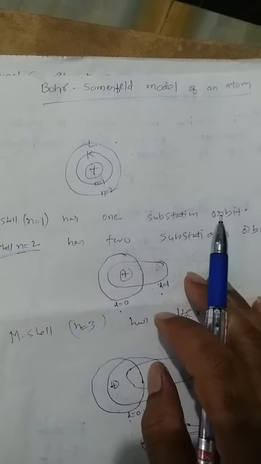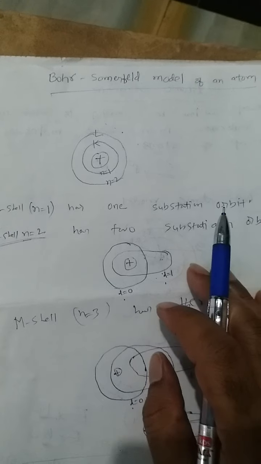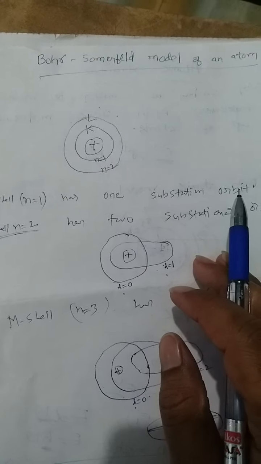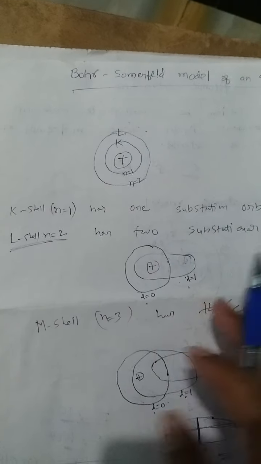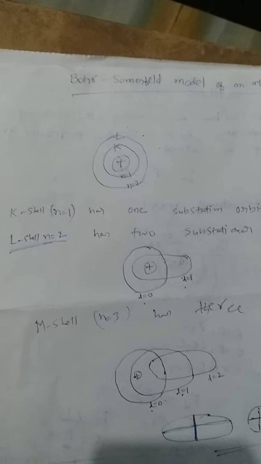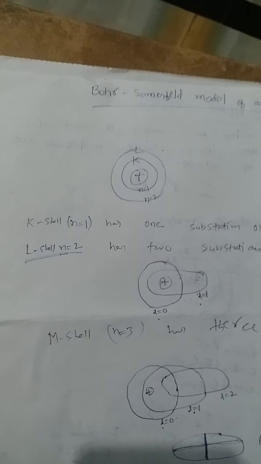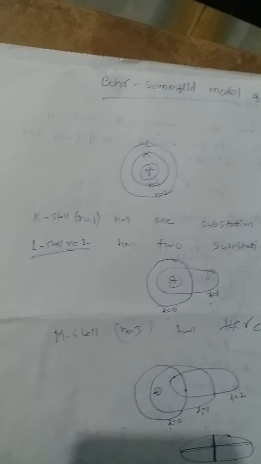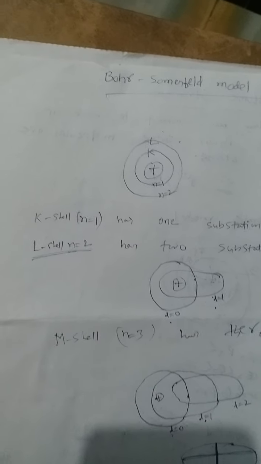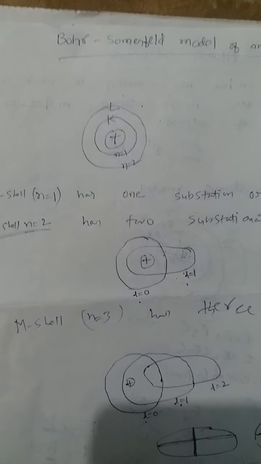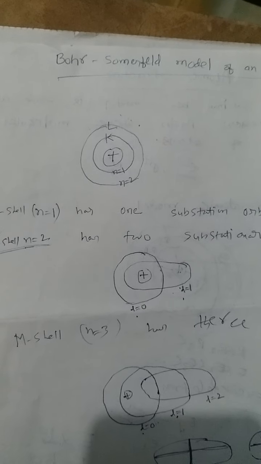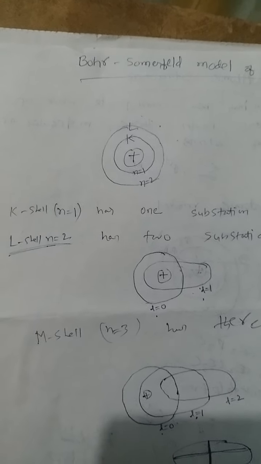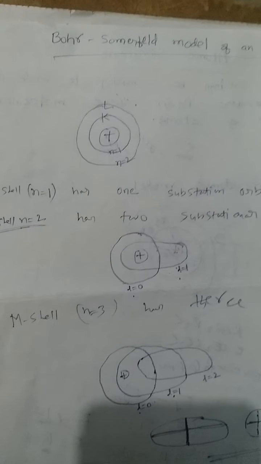According to Niels Bohr, atoms are spherical in shape and mostly hollow. At the center of the sphere we have protons and neutrons. Around this nucleus, electrons revolve in specified circular paths.